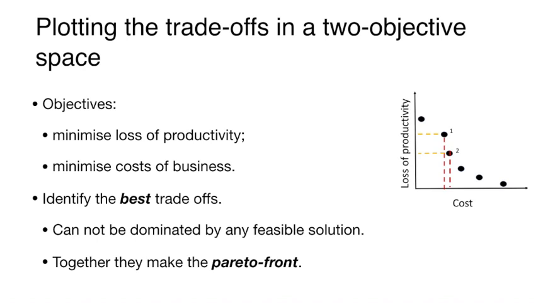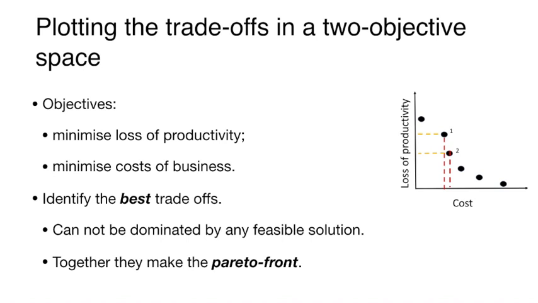Therefore, neither of solutions 1 and 2 dominates each other, or you can say none of them Pareto dominates each other. You can pause here and verify yourself that in fact none of the black points can dominate any other black point. In fact, there is no feasible solution that can dominate any of these solutions represented by the black points.